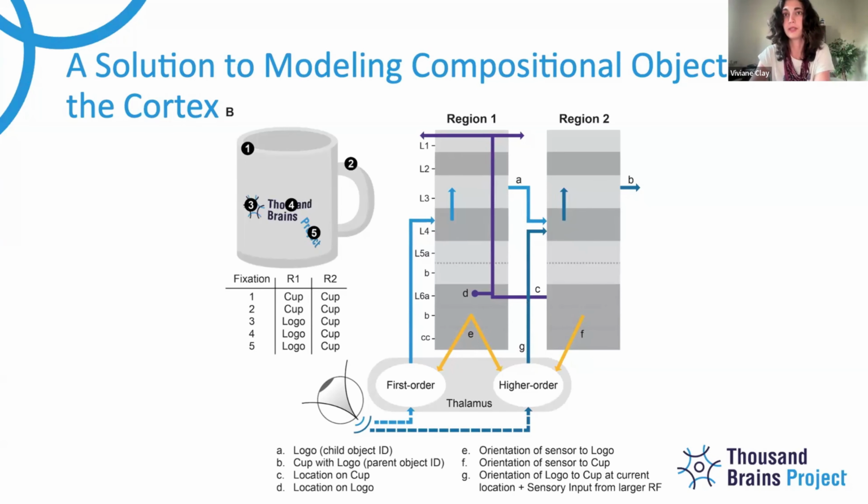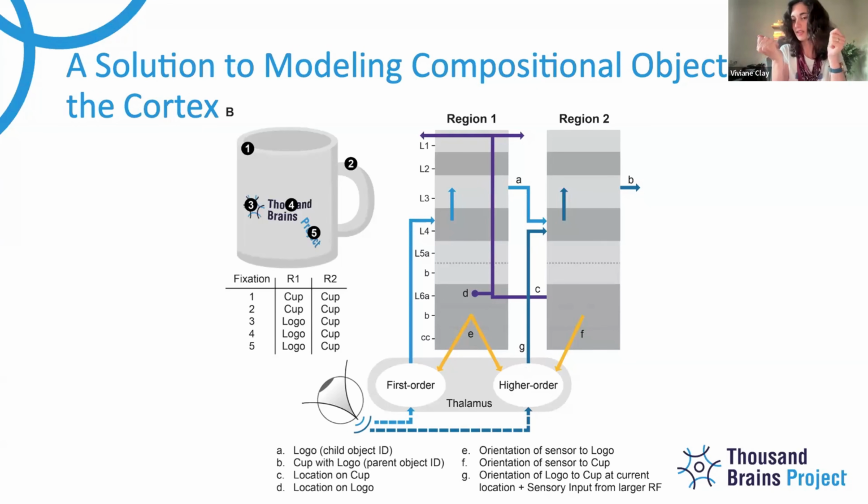So that's pretty crucial. We get the relative orientation of the logo to the cup, and not just the absolute orientation of the logo. It needs to be a relative orientation, because imagine learning the logo on the TBP mug model, and now you're tilting the mug.